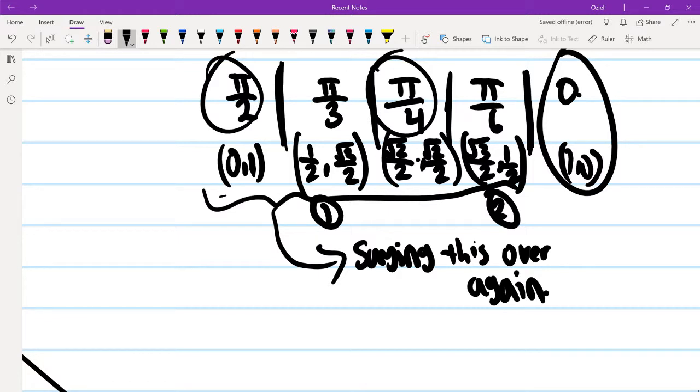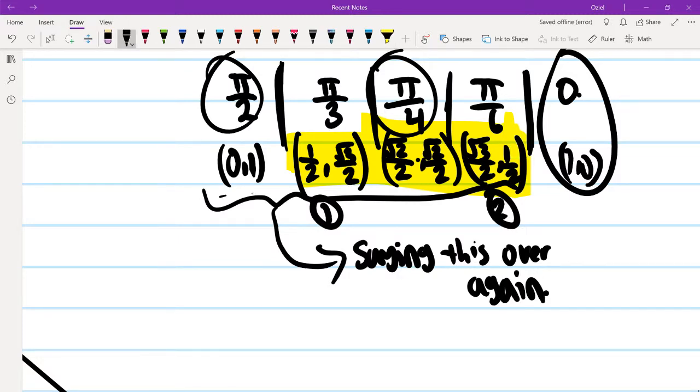So you would say 0, 1, 1/2, square root of 3 over 2, square root of 2 over 2, square root of 2 over 2, square root of 3 over 2, 1/2, and then 0, and then 1, 0. But in reality, you just have to do these 3. That's kind of how I memorized it. I know that doesn't work for most people.